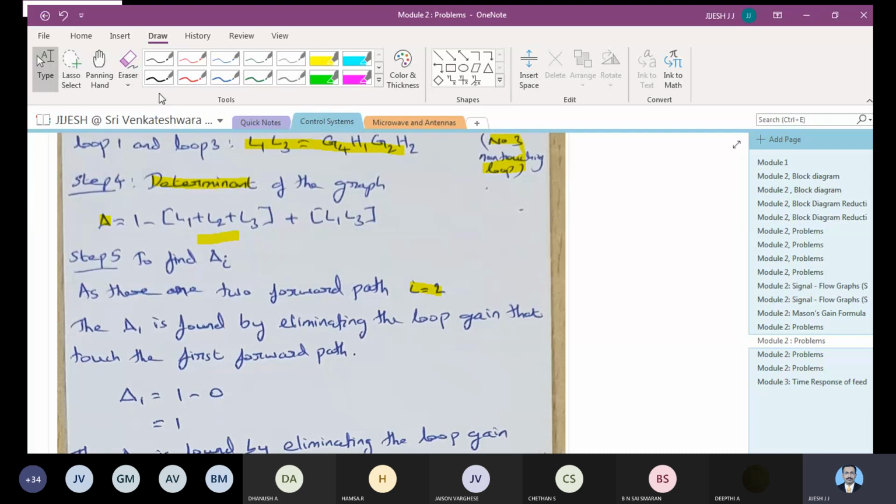Tell me whether L1 will touch P2. L1 will touch or not? It won't touch, sir. So it won't touch.